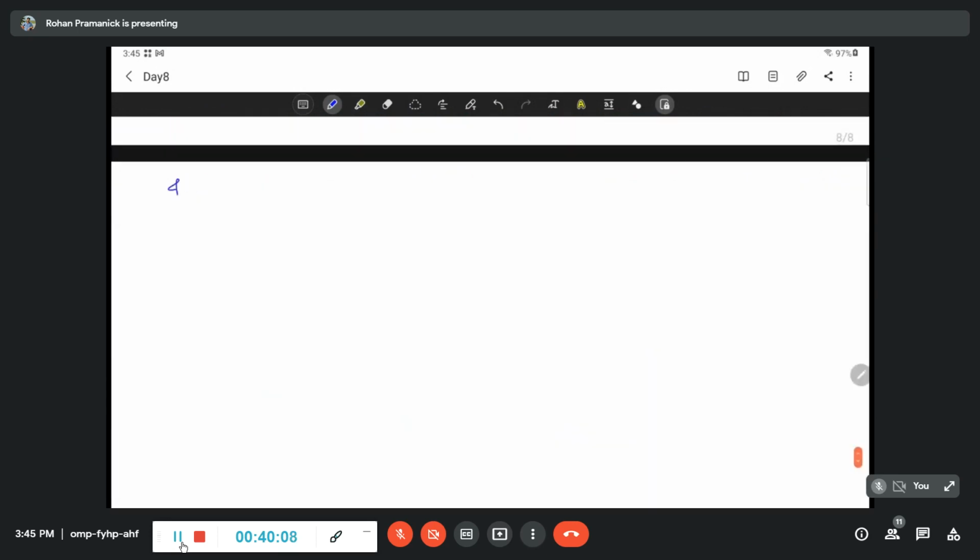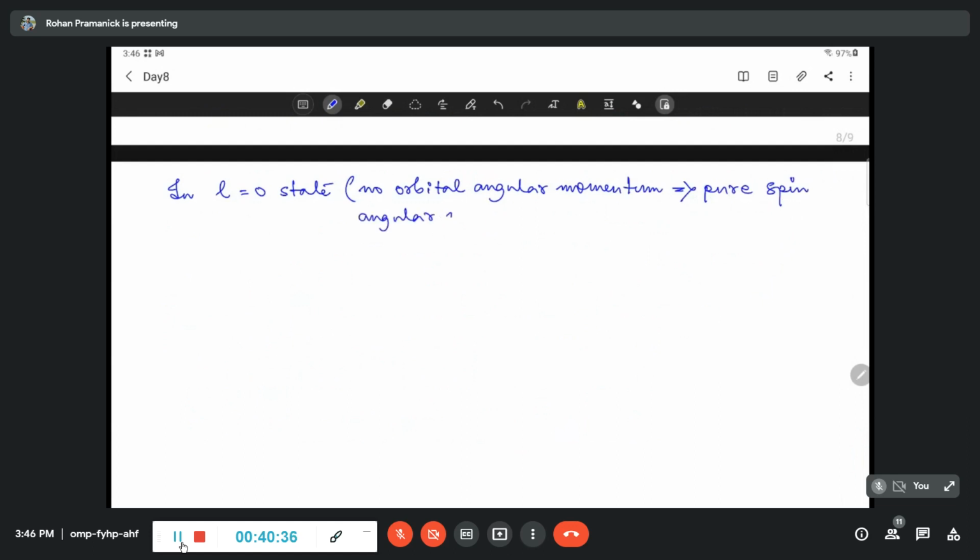So in the L equals 0 state, there is no orbital angular momentum, which means pure spin angular momentum, and the first term vanishes if you do the integral.